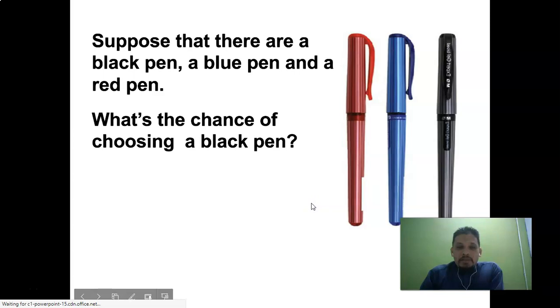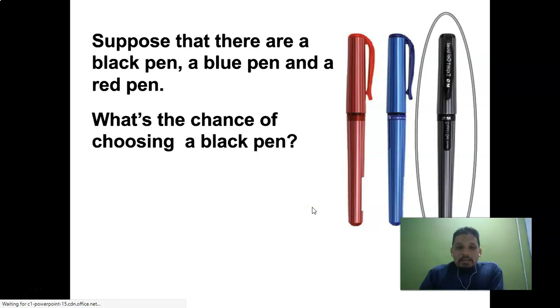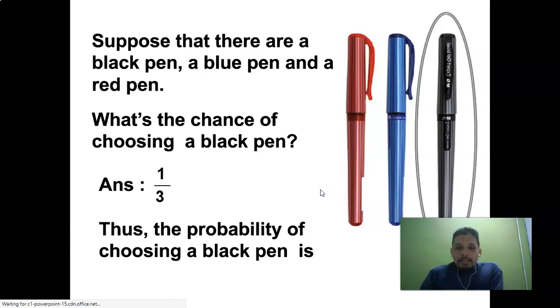What's the chance of choosing a black pen? There are 3 of them, 1, 2, 3, and the chance of getting the black one is 1/3. So the probability of choosing a black pen is 1/3.